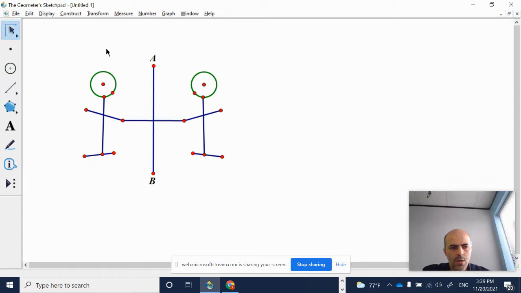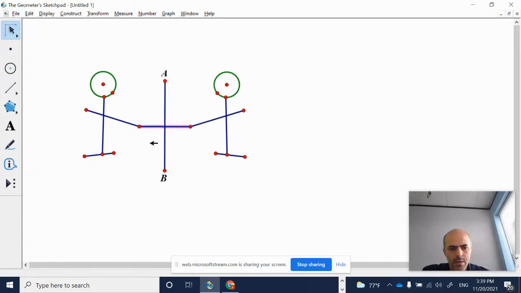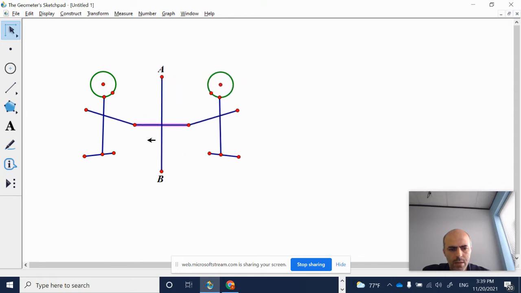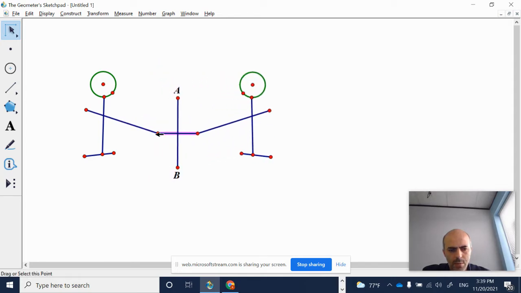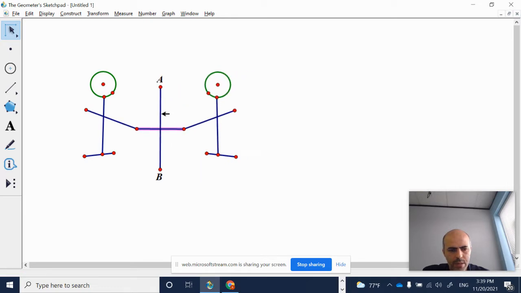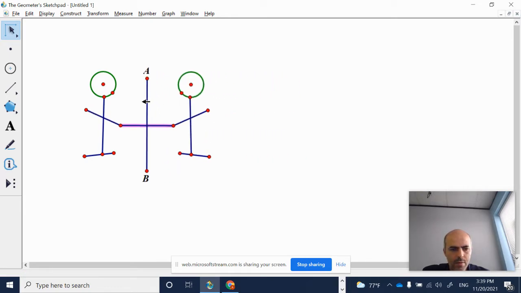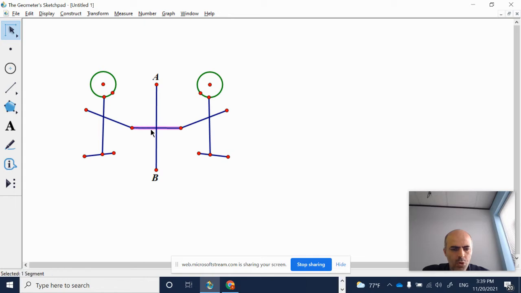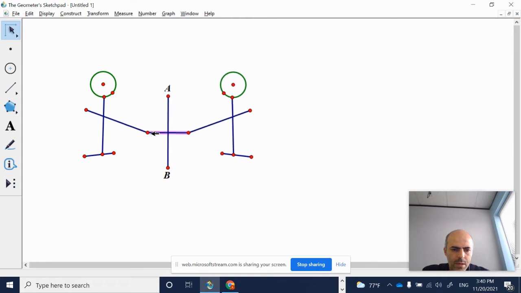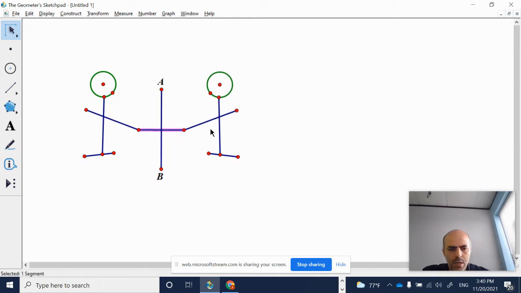If we join them with one line segment, what we see is that when I am trying to drag it, the distance of this point to the line segment and another point to the line segment doesn't change. It is always the same. And once these line points are the main points, the parent points of these line segments, whenever I take them, it changes our figure's image and the pre-image size also.